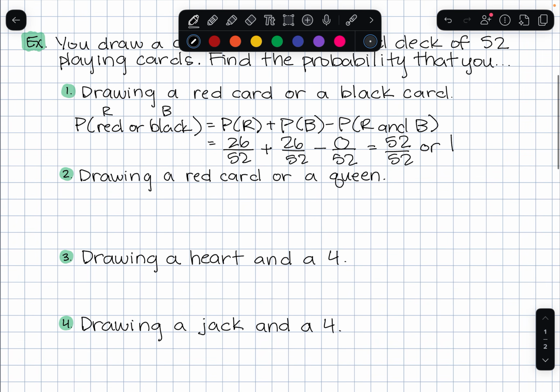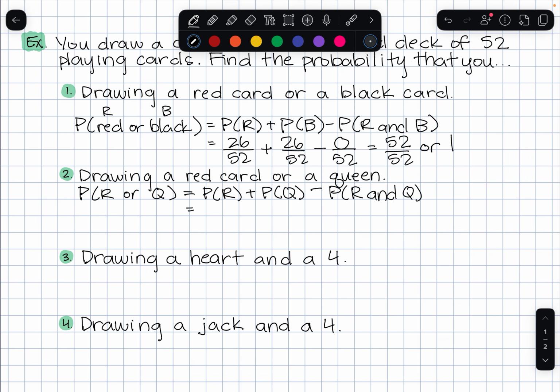Try the next one. It says drawing a red card or a queen. So P(red or queen). Same formula. We're going to grab our addition rule because we know "or" means add. So that's the probability of drawing a red plus the probability of drawing a queen minus the probability of drawing something that is both red and a queen.